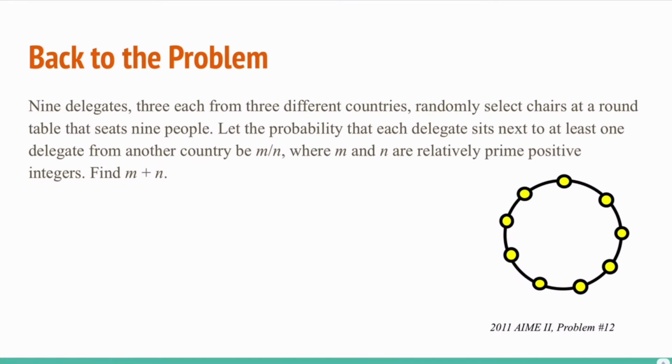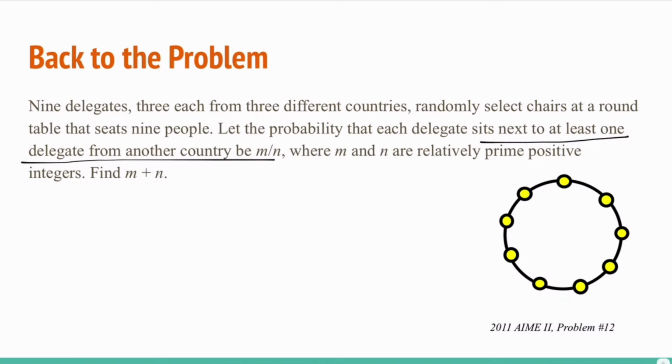For this problem, let's use complementary counting. Instead of calculating the probability that each delegate sits next to at least one delegate from another country, let's calculate the opposite, which is that at least one delegate does not sit next to some person from another country. And how many ways are there for that? For that, we can use the principle of inclusion-exclusion.